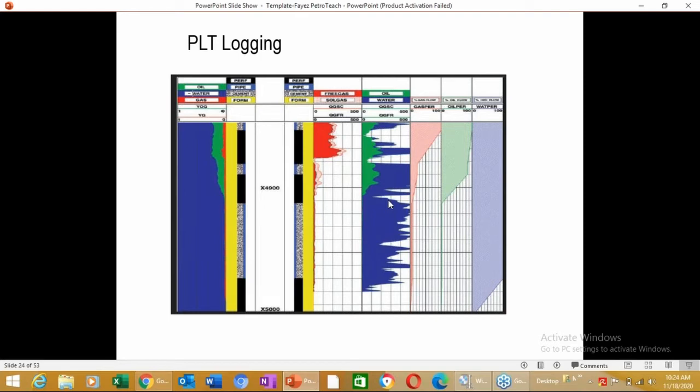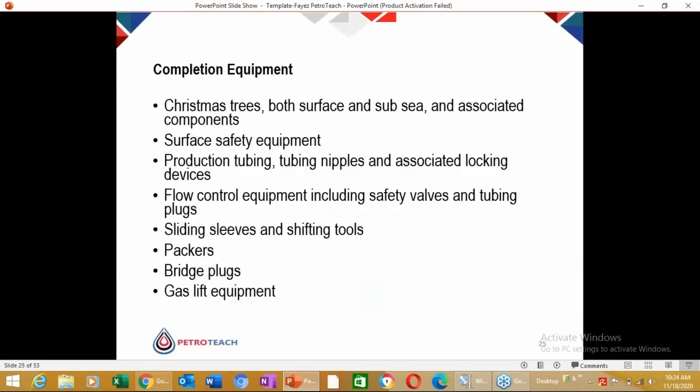Accordingly, we have to deal with it, because we have to either shut off the water or shut off the gas producing. So according to the PLT logging, we are going to make the decision for shut off.